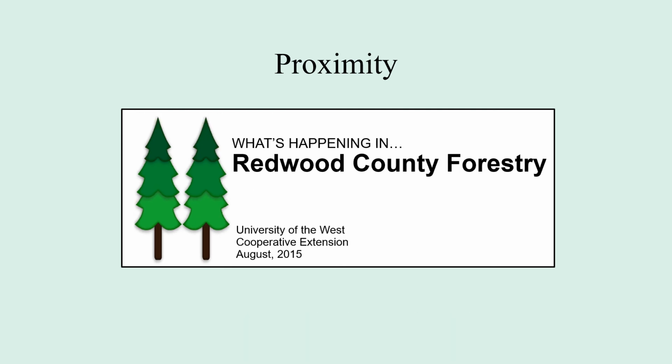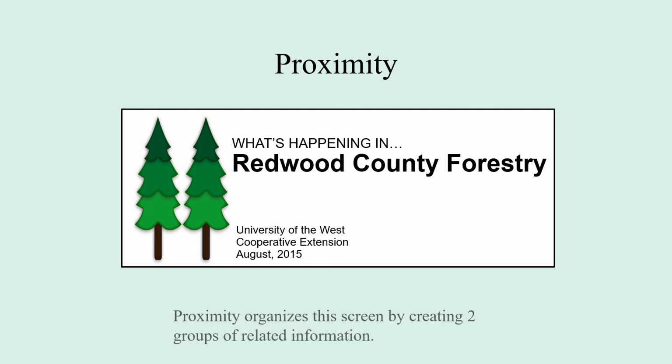In this version, notice that there is grouping here. There is proximity. I simply grouped the 2 elements, what's happening and the name of the place, so they're related elements. We have the graphics, and then we've got the other particulars down on the bottom. By doing this, you can see it's much more organized, and it's a good design.